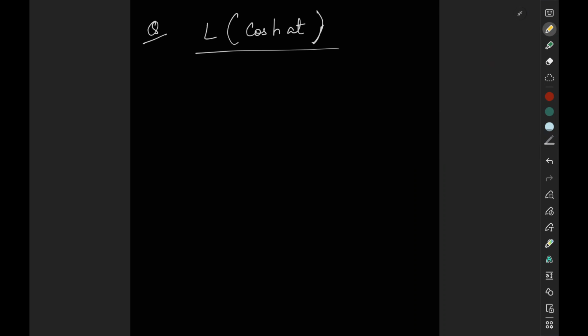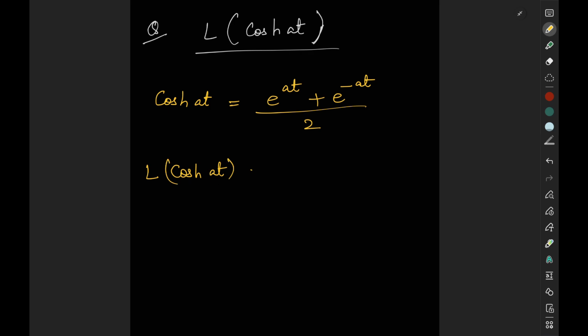Now let's look at the Laplace of cos hyperbolic at. Again we can break cos hyperbolic at as e to the power at plus e to the power minus at upon 2. So the Laplace of cos hyperbolic at will be 1 by 2 times the Laplace of e to the power at plus the Laplace of e to the power minus at.